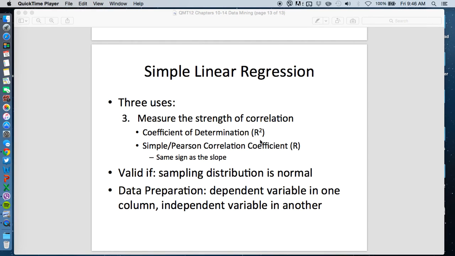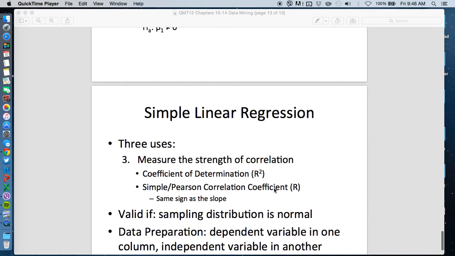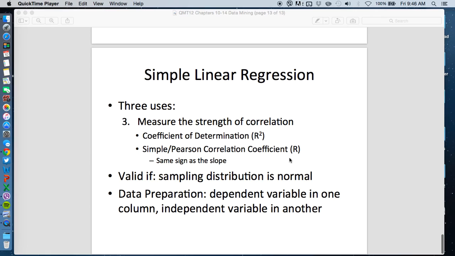Now, since we are getting the square root of r squared, r can be negative or positive, and that depends on the sign of the slope. So if the slope that you determined earlier is negative, then your r will also be negative. But if your slope earlier is positive, then your r will be positive.